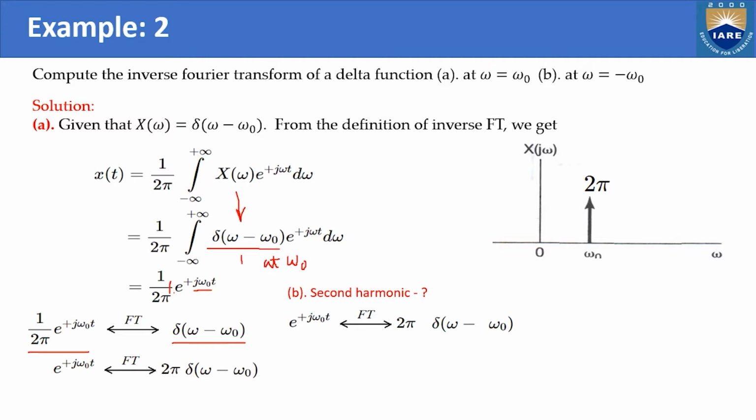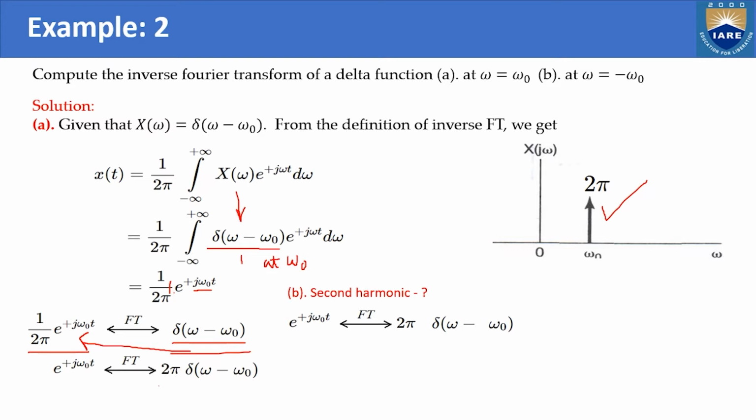You have two trigonometric sinusoids here. That's why this is called a complex sinusoid. So what it means is a delta function at omega equal to omega naught corresponds to a complex exponential, a complex sinusoid, in the time domain.